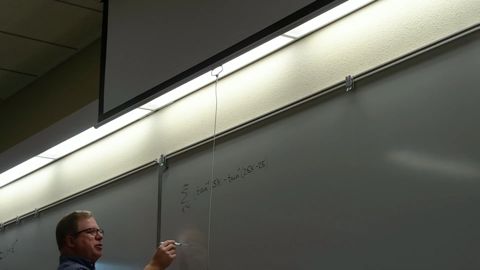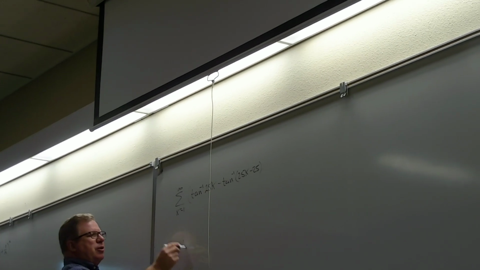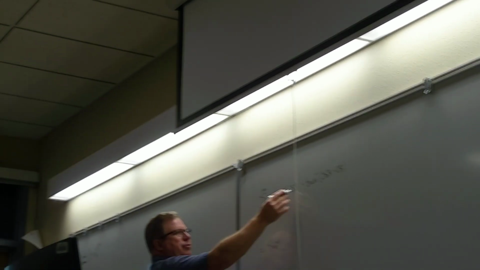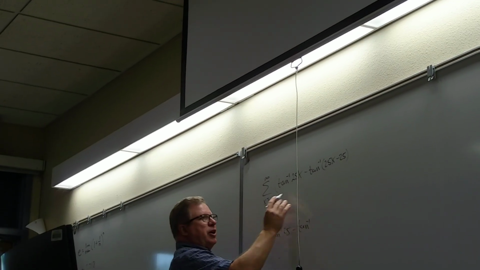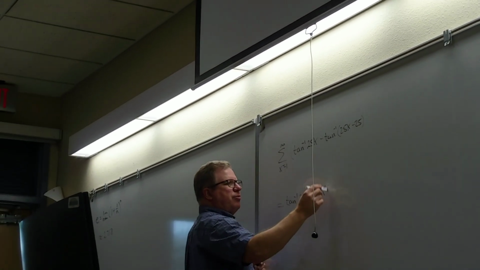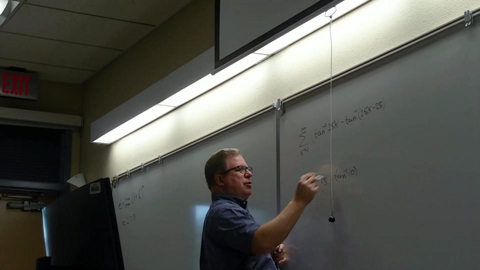If we start putting in numbers for k, we're going to get inverse tangent of 25 minus inverse tangent of, putting in 1 for k, 25 minus 25, which is 0.